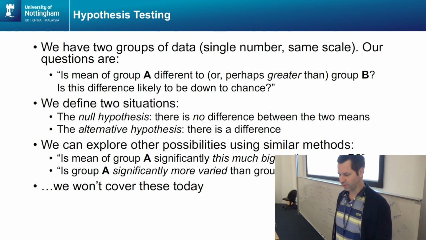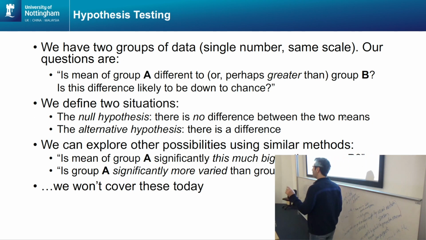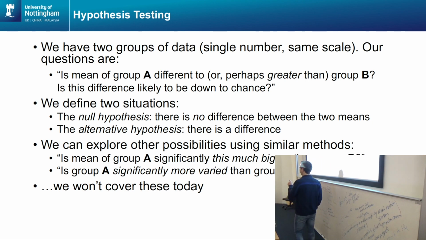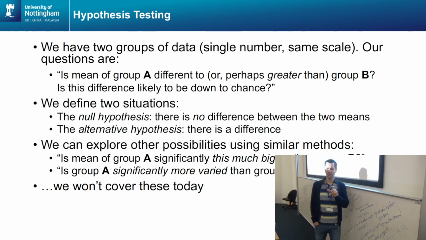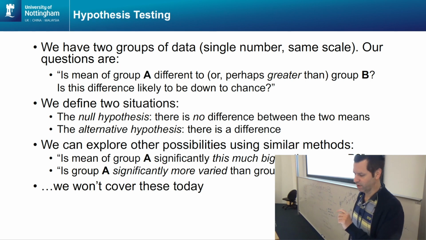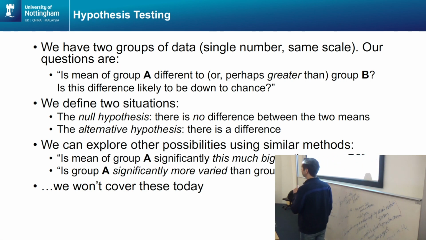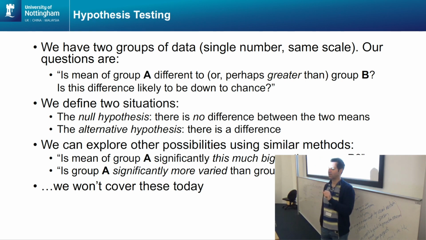There is no difference between the two means, or the two averages. So we have an average for one group, and we have an average for another group. And is it statistically significant? The null hypothesis states that no, there is no significant difference between the two means. That's called the null hypothesis.